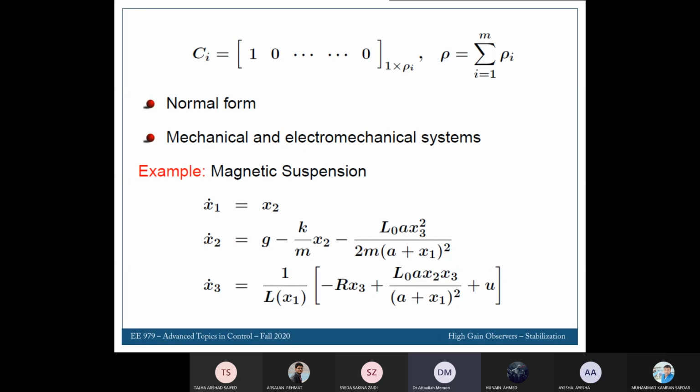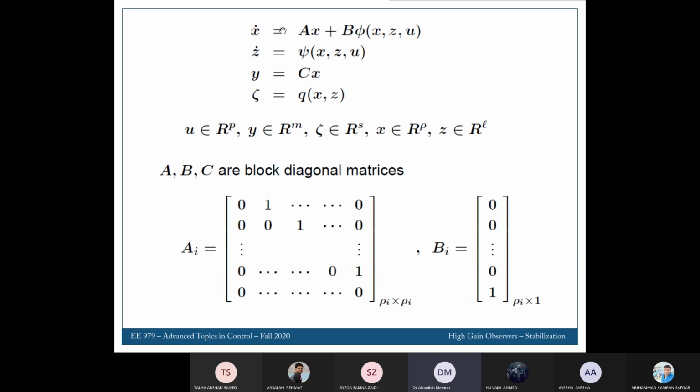If the zero dynamics is stable, then that system is called a minimum phase system, and we can forget about the internal dynamics. We look at the other part of the equation, because this is the internal dynamics and this is the external dynamics part. We'll make the observer based on this equation.